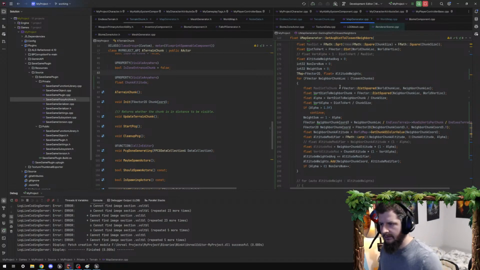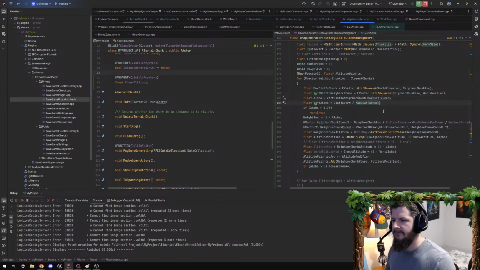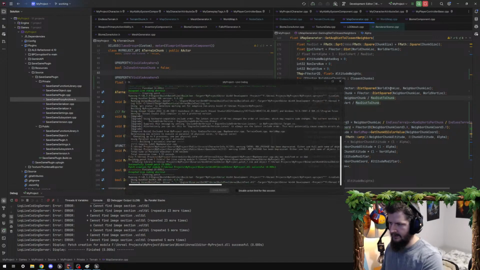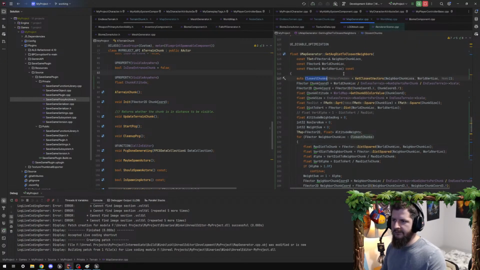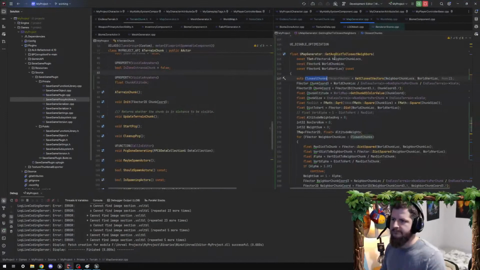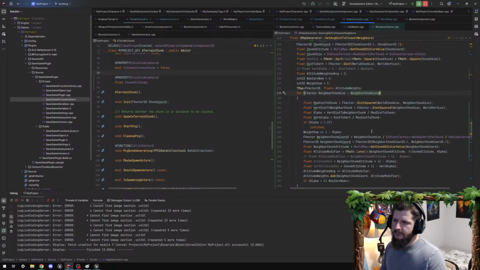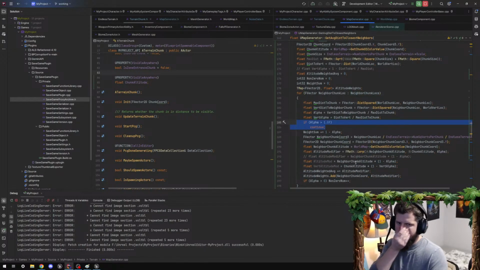And so let me show you this. So I have max distance to chunk, right? Which is, I'll build this. And so this is going to use, hang on, I have to use all the neighbors. So this is selectively getting rid of the neighbors that are too far away. This will essentially only ever grab like the closest 2 or 3 chunks.